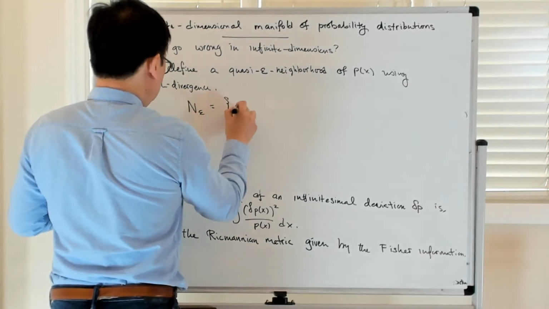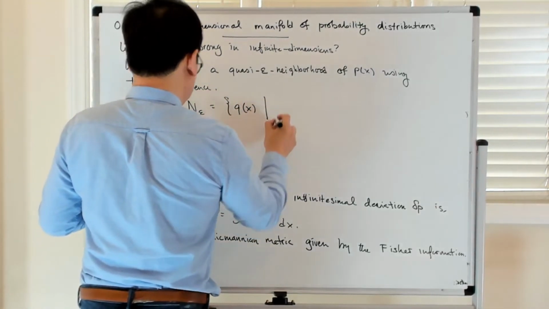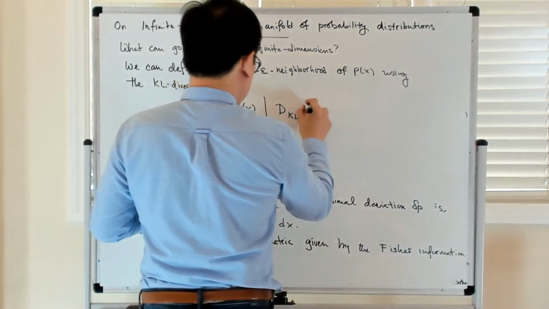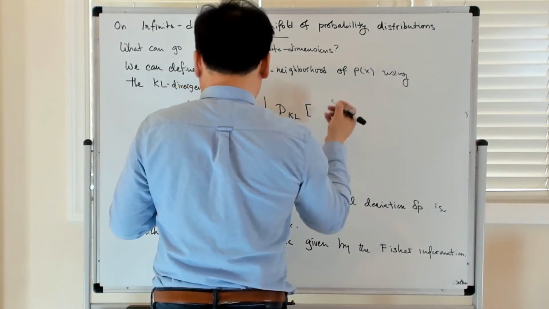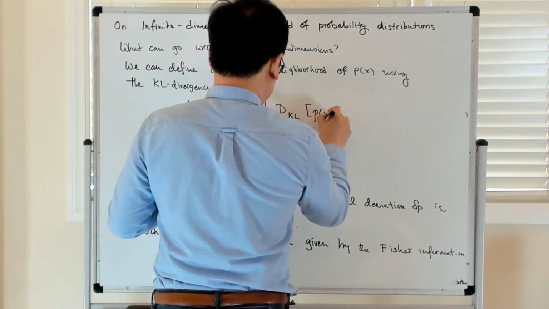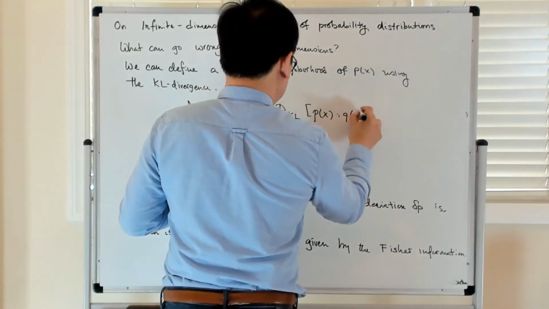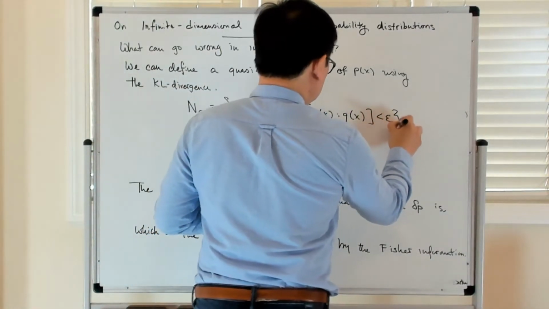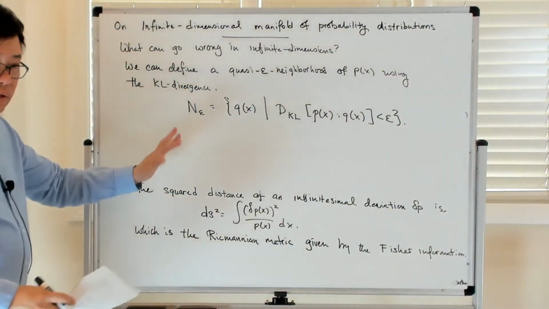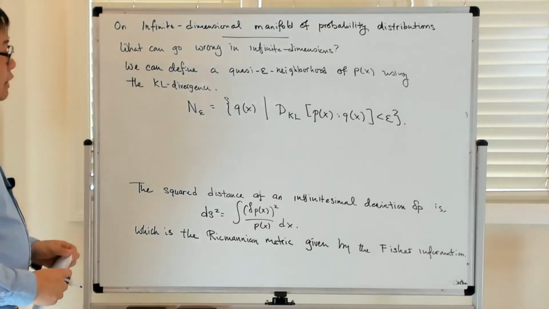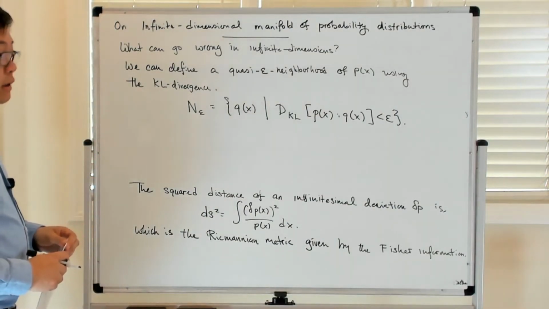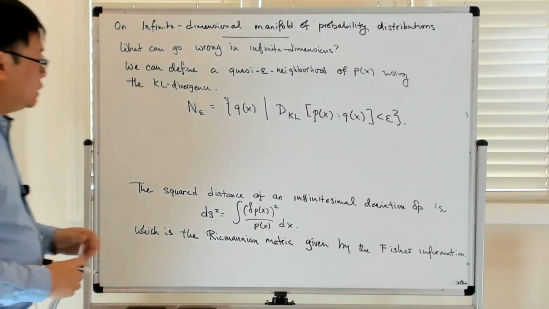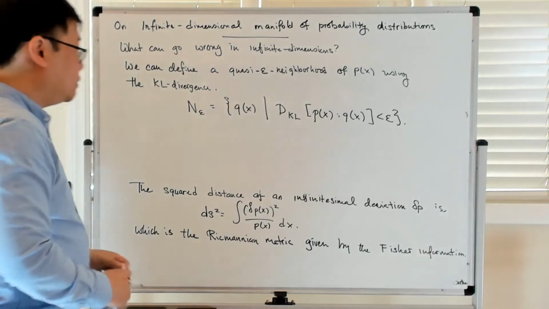It's the set of Q of x with the property that the KL divergence from P, which is the center of the neighborhood, to points Q in the neighborhood is less than epsilon. That's an eminently reasonable definition. It's the natural thing you would do if you're using the divergence function as if it was a pseudo distance. This is how you would define a quasi-epsilon neighborhood.